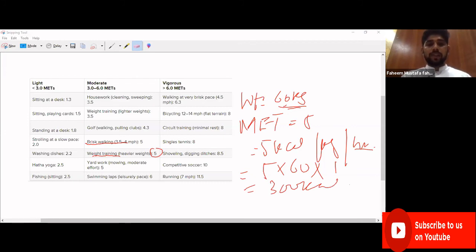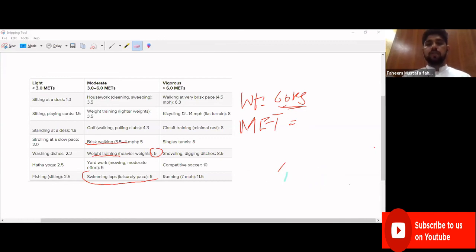Let's take a different example, suppose I'm swimming for 1 hour, and the Met score for swimming is 6. So it will be equivalent to 6 kilocalorie per kg per hour.